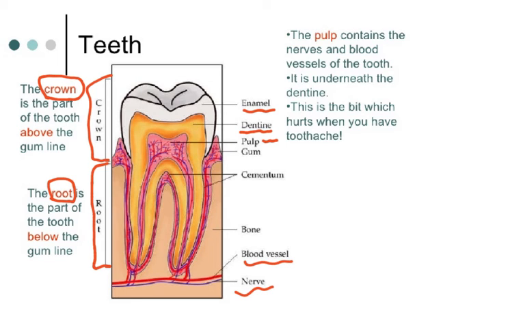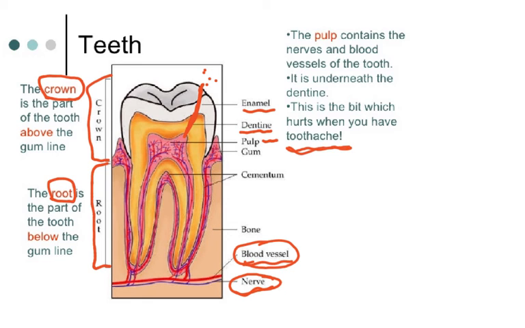So the nerves and the blood vessels are inside the pulp cavity, and this is when you get a hole in your enamel, and that goes down and reaches the pulp cavity. So with this hole, any food particle is going to enter it and be taken down and irritate the nerves and the blood vessels inside the pulp cavity, and that is going to result in a toothache.